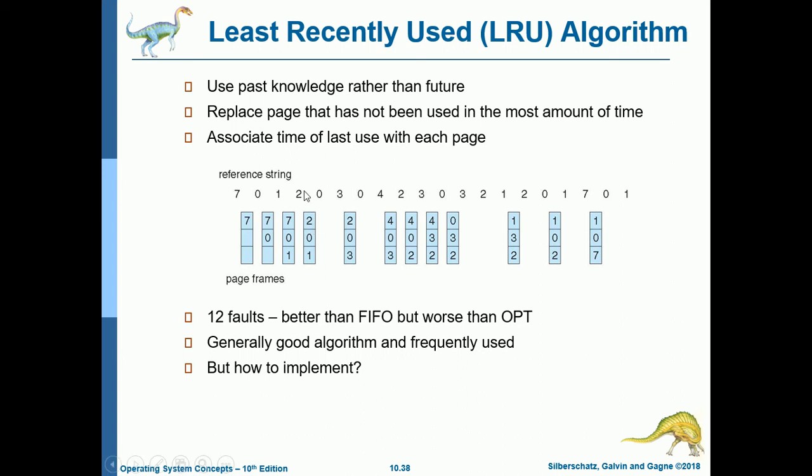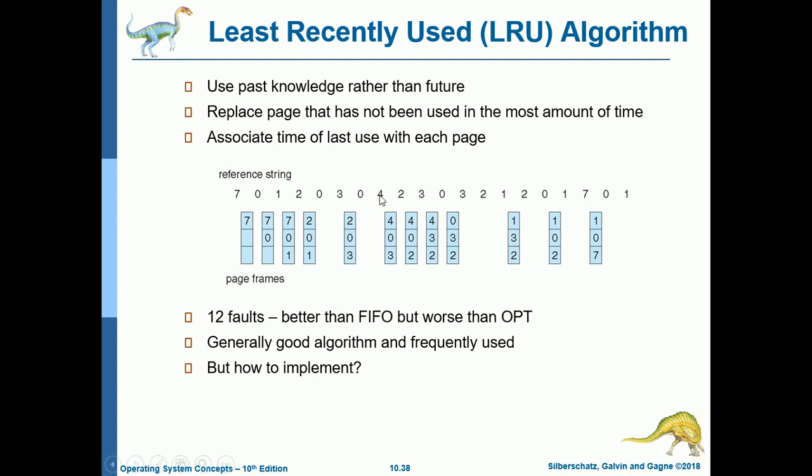And then 0, there's no page fault because 0 is already in the frame. Okay, next is 3. So our given here is 201. Which of them is least recently used? Actually, it's 1, so that's why it is replaced by 3. And then 0 is already here.